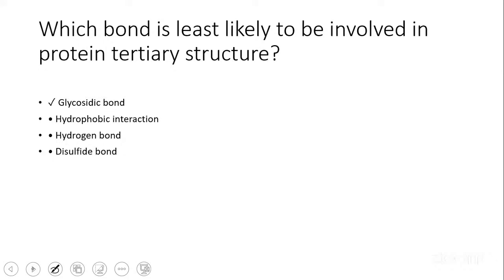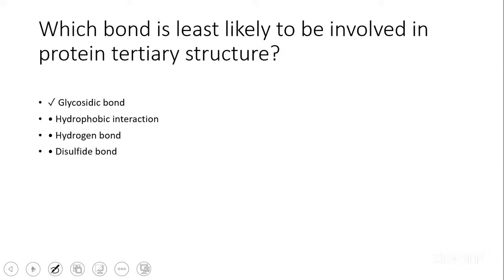Which bond is least likely to be involved in protein tertiary structure?